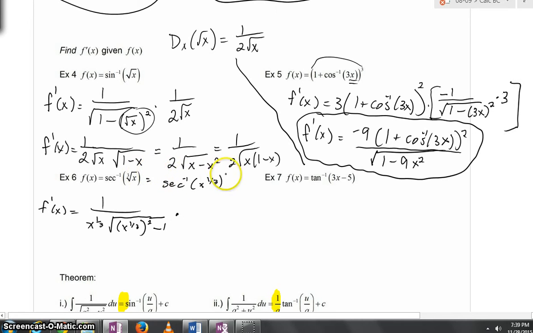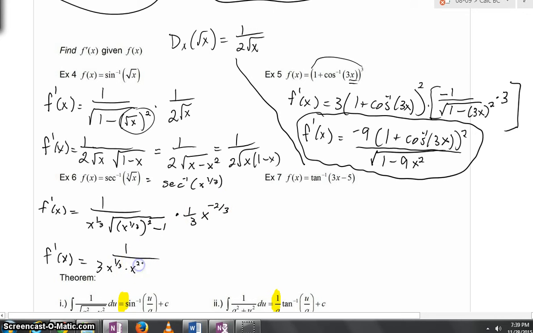The derivative of x to the 1/3 is 1/3, and then we'll have to subtract a 1. This will become x to the negative 2/3. Well, cleaning this all up, you can see pretty quickly that we're going to have down below a 3. We'll have this x to the 1/3, but we'll also have x to the negative 2/3.